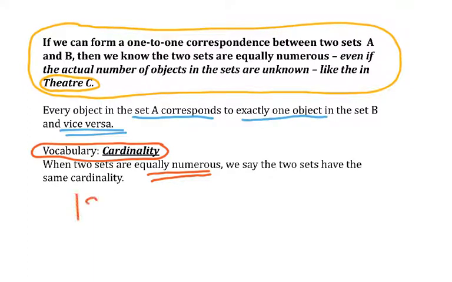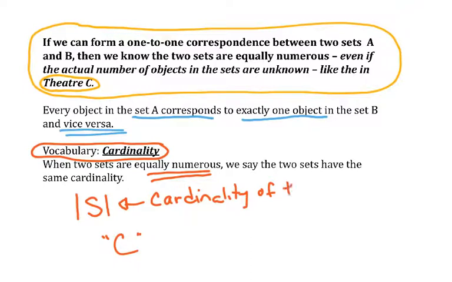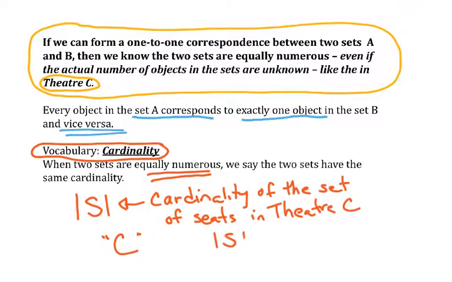So this, in Theater C, is the cardinality of the set of seats in Theater C. And we knew in Theater C that this number was equal to this number.